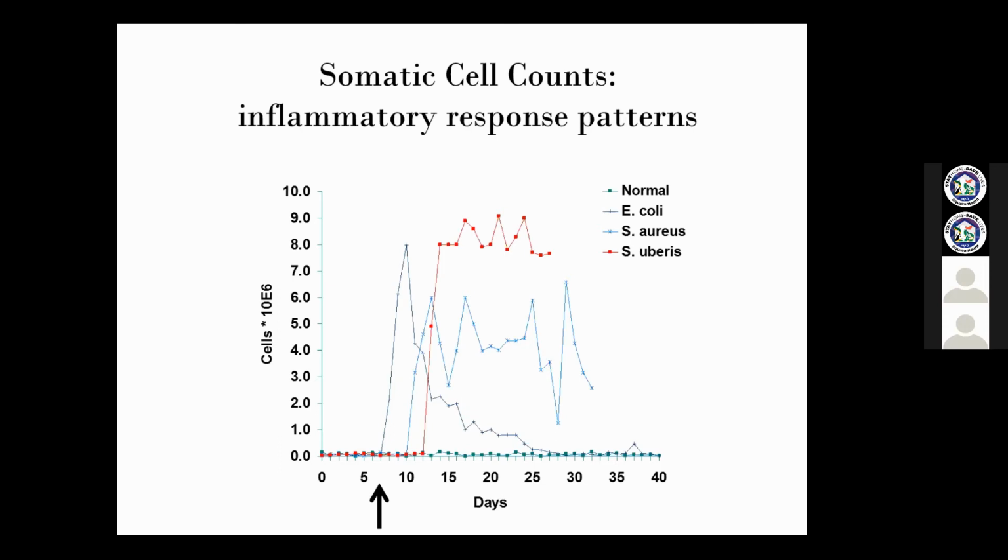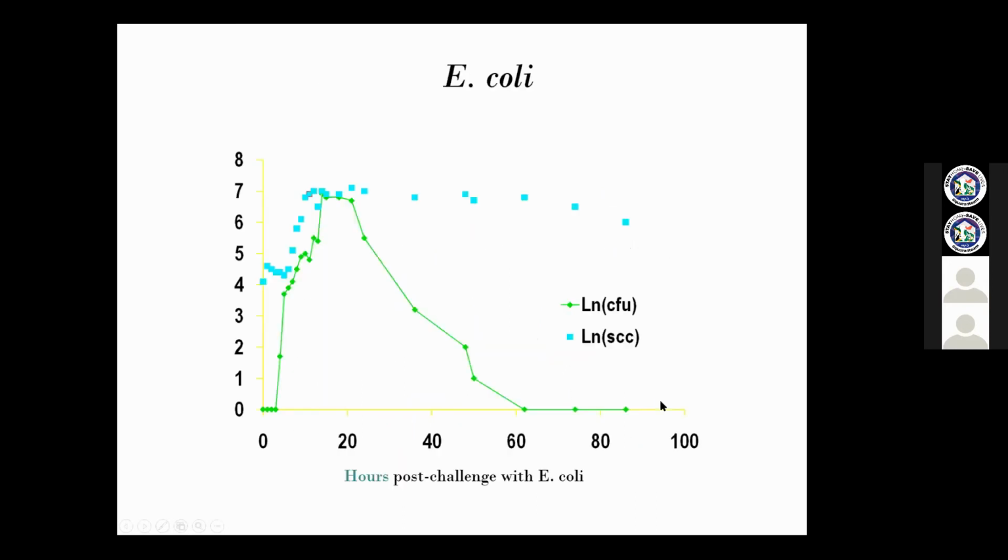And then Streptococcus uberis, our new kid on the block that is going to give us some challenges in the future, comes up and you can see it remains with a very high cell count. E. coli can sometimes, if you look here, this is hours after the challenge.